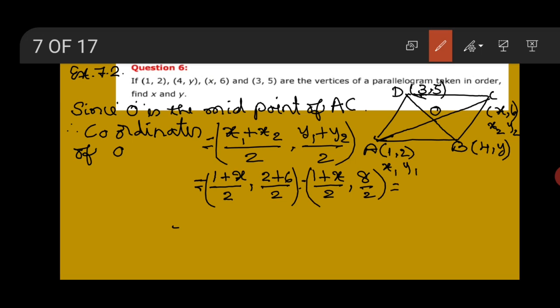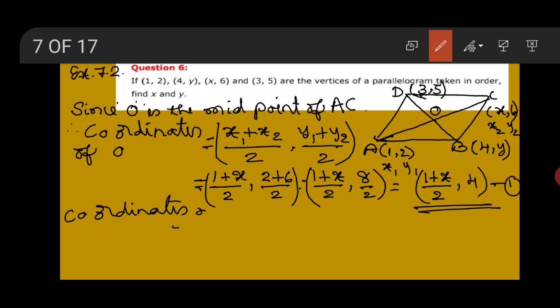Simplify now, (1 plus x) divided by 2 and 8 by 2 is equal to 4. So coordinates of point O is ((1 plus x) divided by 2, 4). Take this as equation number 1.